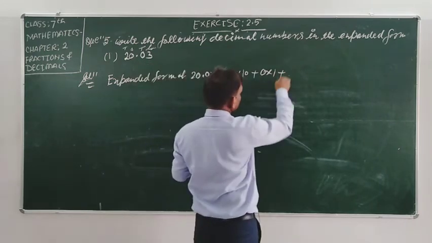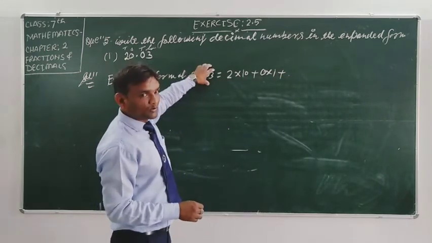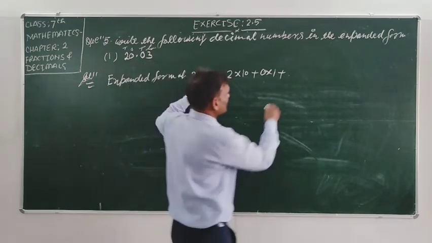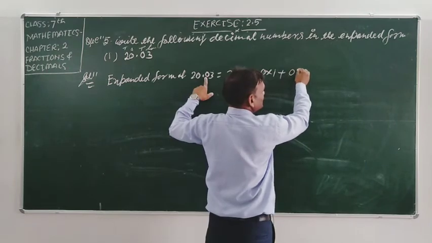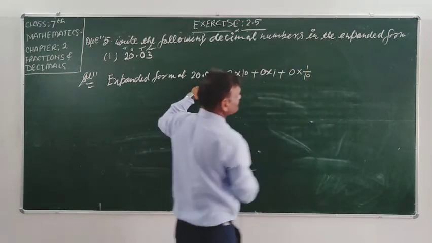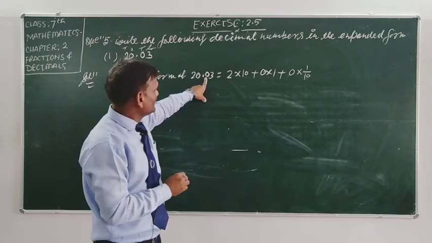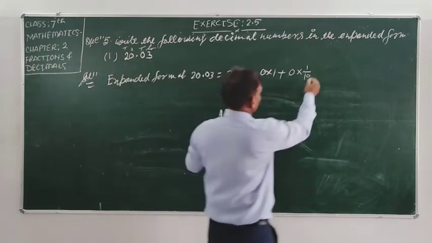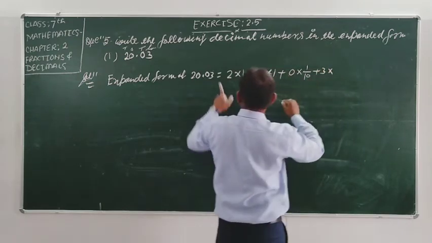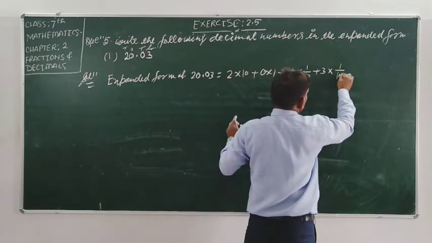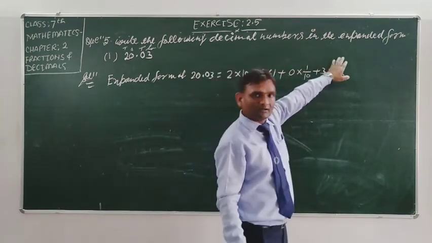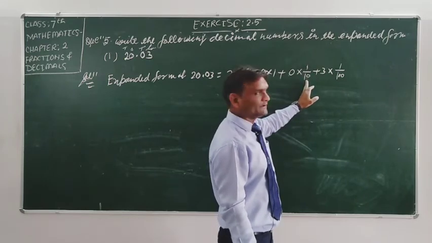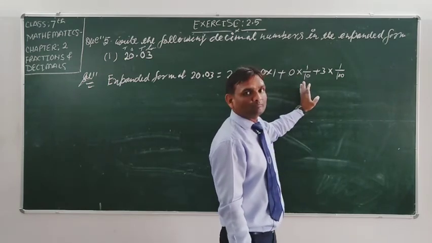Plus, now we talk about the decimal part. 0 tenths, so 0 into 1 upon 10. And now we are talking about the hundredths place digit. So, plus 3 into 1 upon 100, means 3 upon 100 you can write, and this is 0 upon 10, and that is 0.